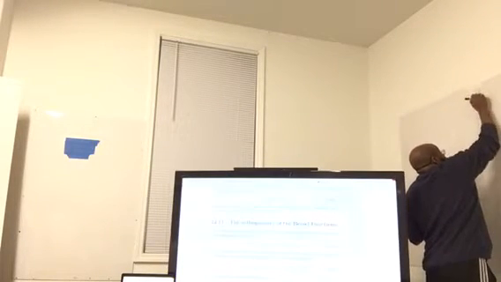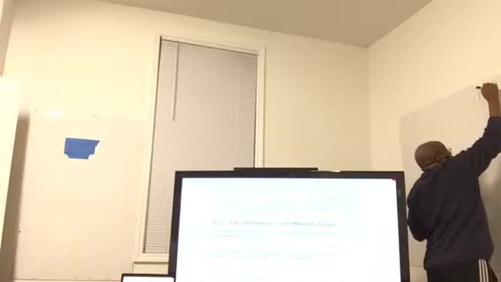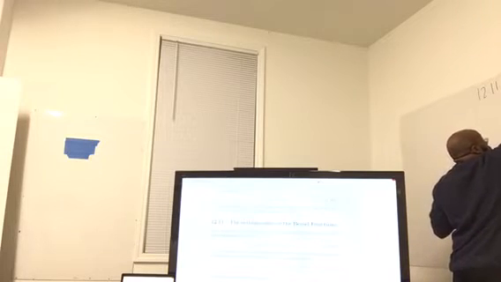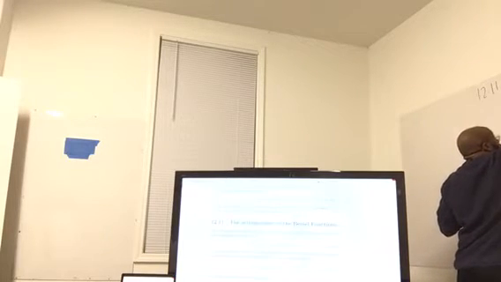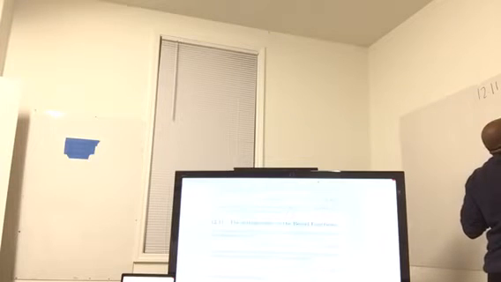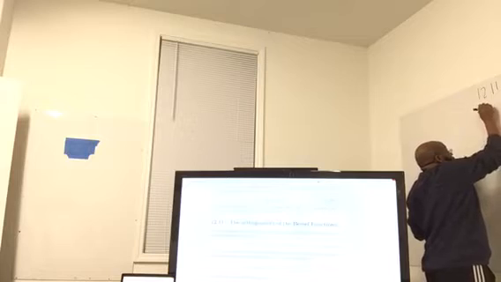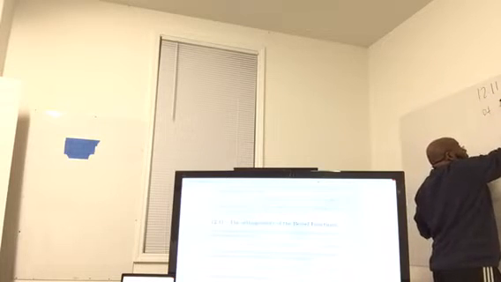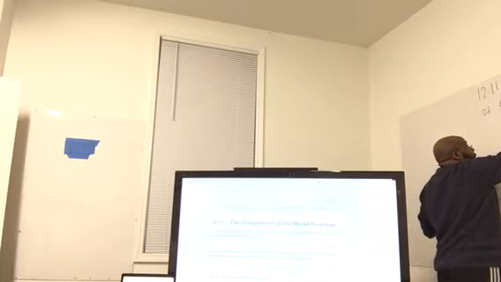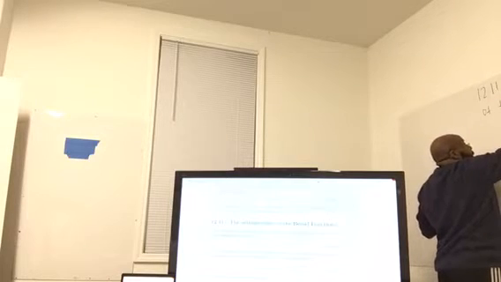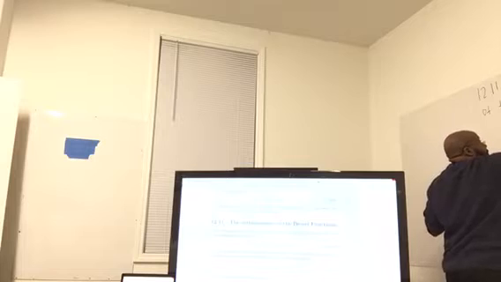Section 12.11, the orthogonality of the Bessel functions.